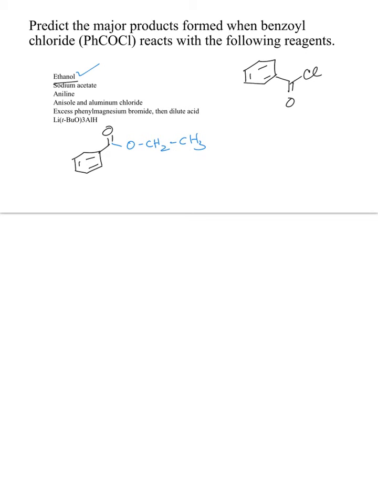Sodium acetate looks like this. And it is going to form, let me show you what that looks like. So when you react this with benzoyl chloride, make sure you can draw the intermediate that forms.